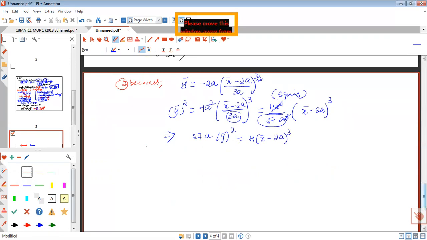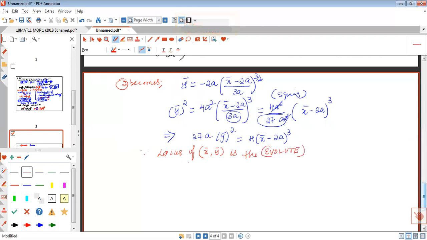Since we know that locus of center of curvature, that is x bar comma y bar, is the evolute. Okay. Locus of the center of curvature x bar comma y bar is the evolute.